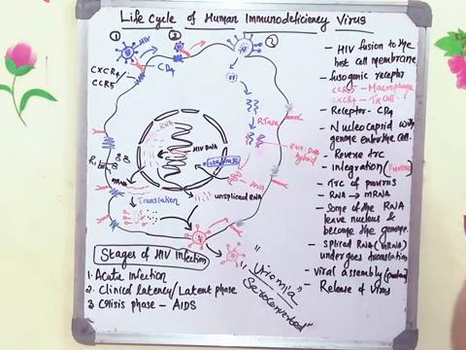So the AIDS patients will get candidiasis, and cryptococcus. These two are fungal infections, and parasitic infections can be seen, and bacterial infection, lymphoma, carcinoma. All possible infections can be seen in AIDS patients.